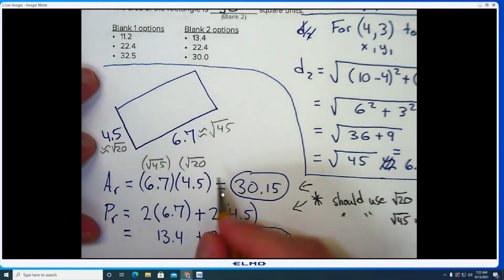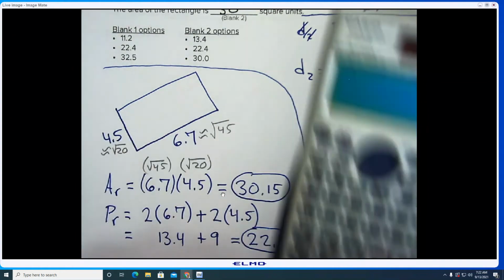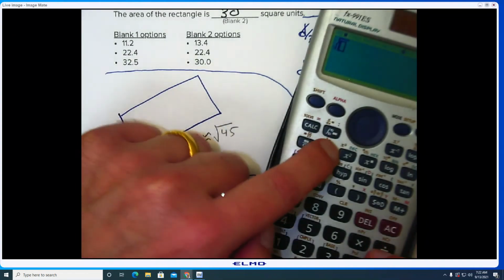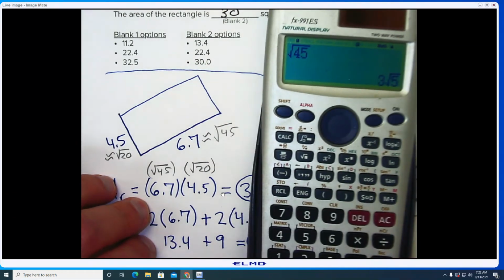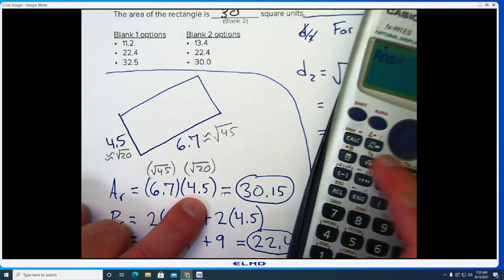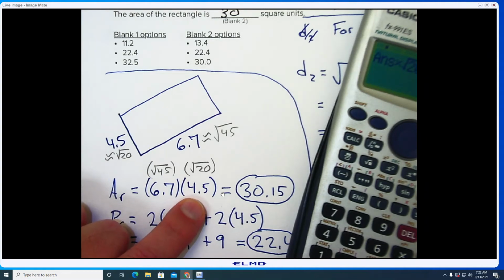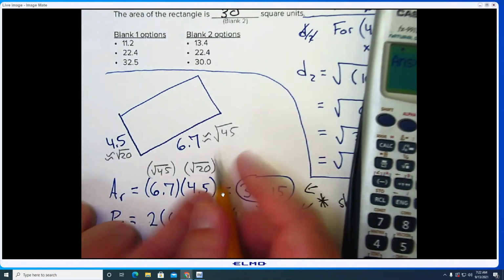I'm just going to do it for this one to show you, and then we'll round it. Okay, so square root of 45 equals, okay, and I have an approximation here. It'd be a decimal. I take that answer times square root of 20. And I get 30 exactly. So this does link to 30 exactly.